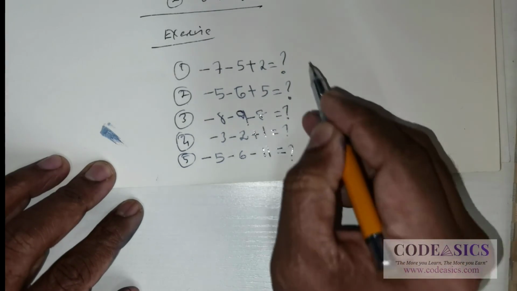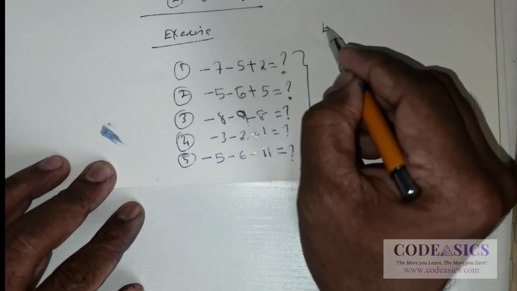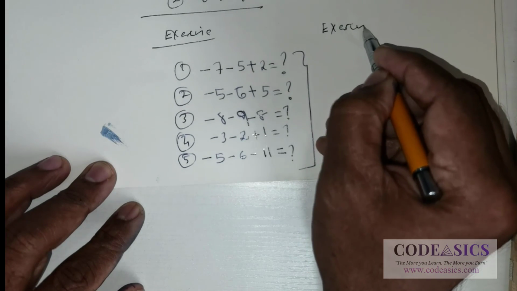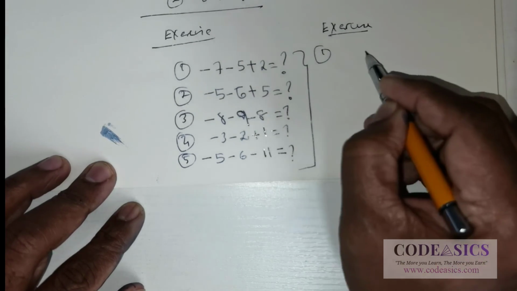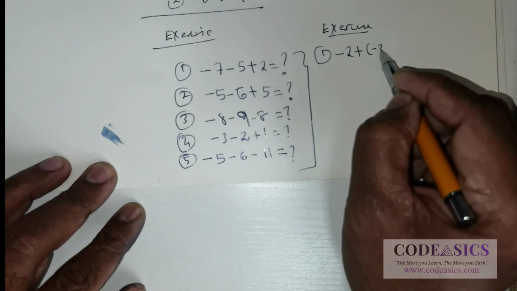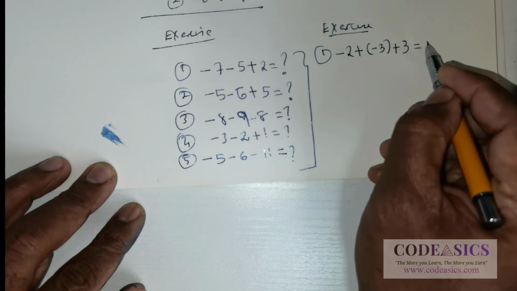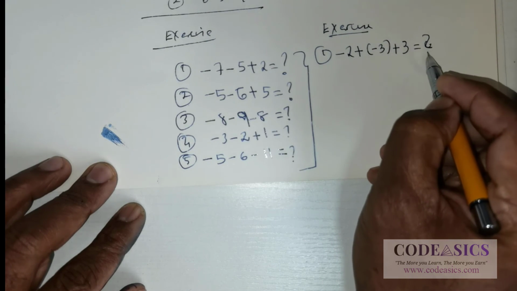Having given you this, I want to also give you another set. Question number 1, minus 2 plus of minus 3 plus 3. What is that going to be?